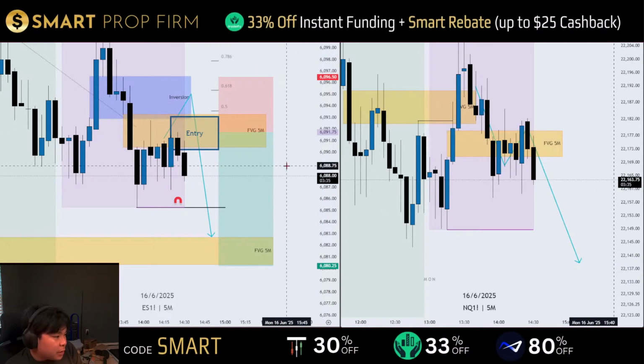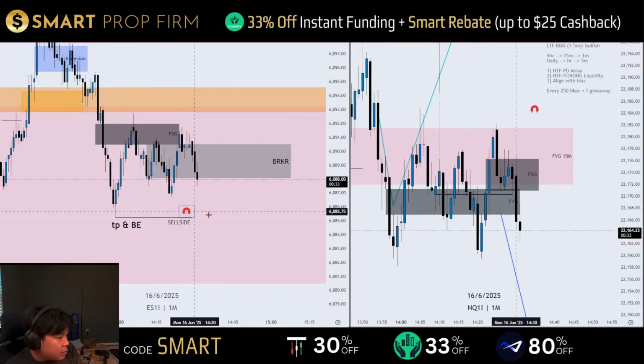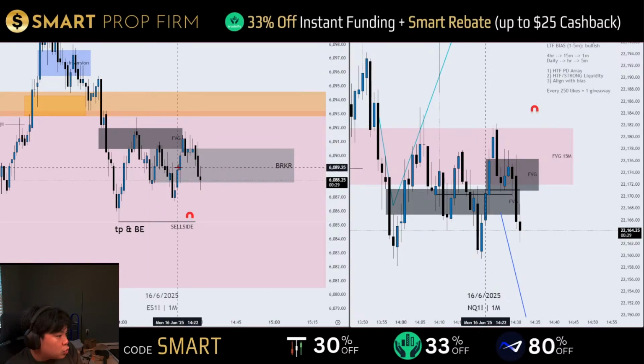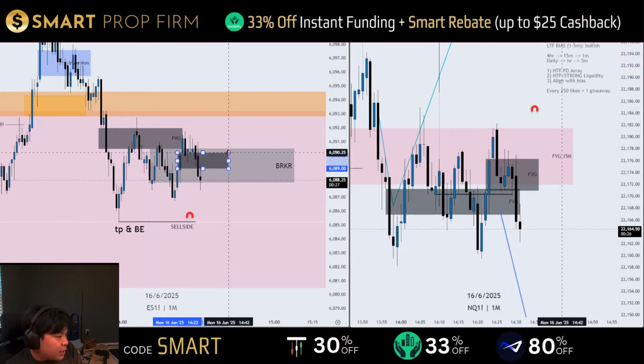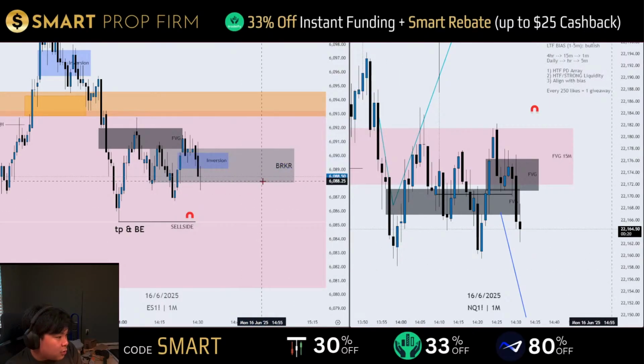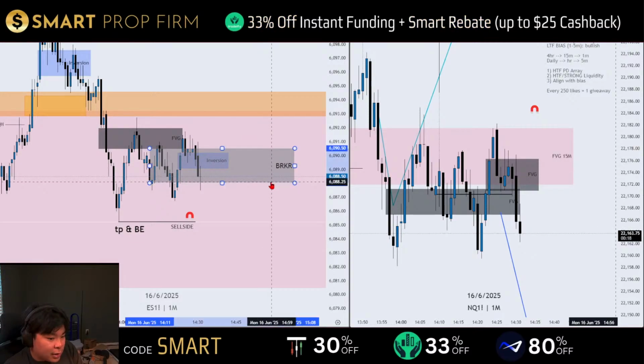This might be ambitious, but I want to jump back on the ES again. Just because it valued that breaker again, that's the only thing that's kind of pushing me, because I still think we move lower. So often off this inversion most likely be it.